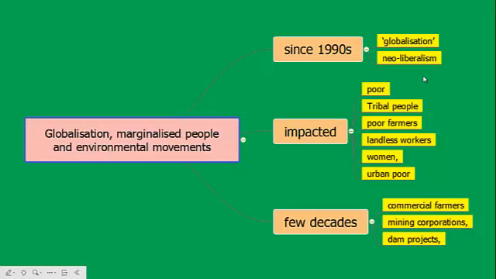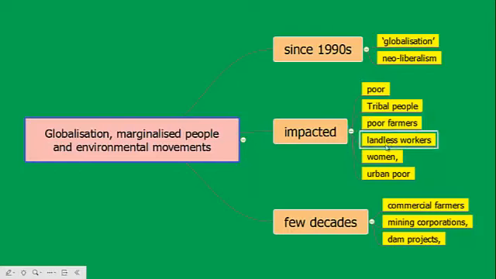And due to globalization and neoliberalism, what is happening? Is it useful or not? It is useful, but how? To the rich people it is useful, but who will be affected? Especially in a country like India, it impacts poor people, tribal people, poor farmers, landless workers, women, and the urban poor.